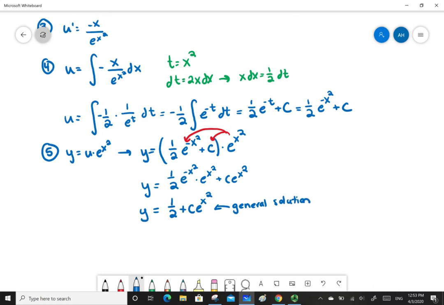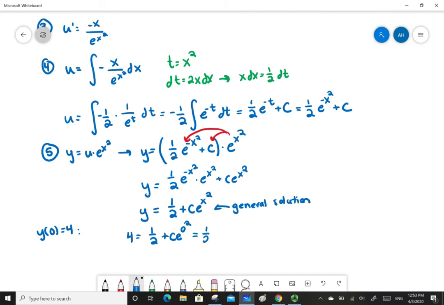But even though we did all of that work, we still aren't quite done yet because this is an initial value problem. We need to use that y(0) equals 4 to find c. Plugging in 4 for y and 0 for x, we get that 4 is 1/2 plus c e to the 0 squared.